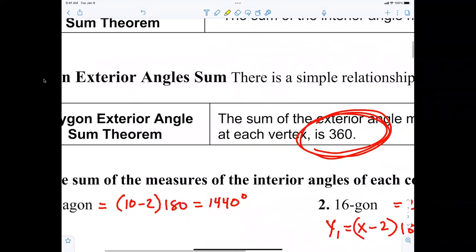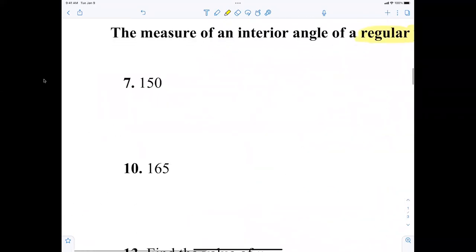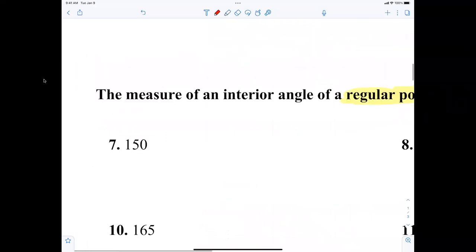All right, so now we're going to do a little bit of math, and then, of course, I'm going to teach you a quick way. I want someone to tell me, how do I calculate the measure of each interior angle if it's regular? What do you think I have to do? How do I calculate it? Come on, someone tell me. Good, Oliver, what's the formula going to be to calculate the interior angle of a regular polygon? Just do the sum of them divided by how many sides there are. That's exactly correct.